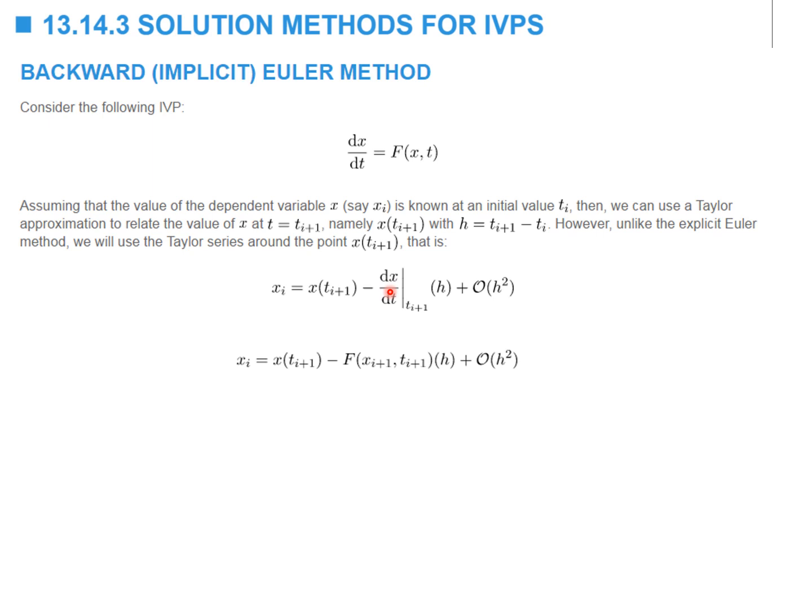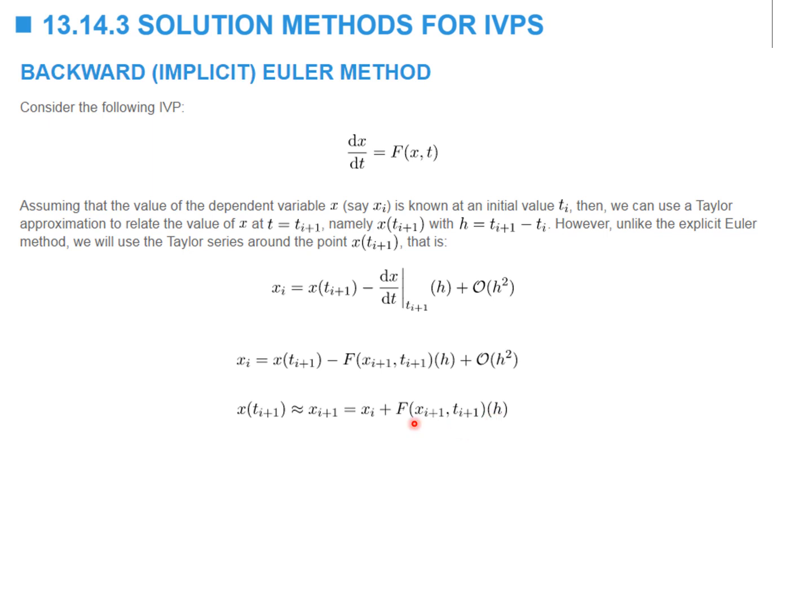We know that dx/dt is equal to the value of this function f evaluated at the point xi plus 1 and the time point ti plus 1. If we ignore the error term, we can assume that the value of x at time point ti plus 1 is approximately equal to this xi plus 1, which is equal to xi plus the rate multiplied by h.